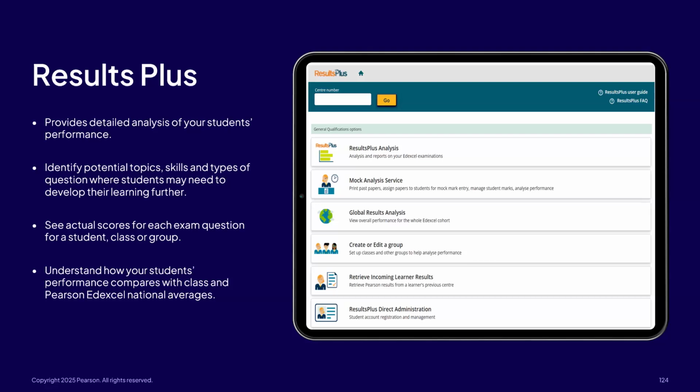It also gives you the opportunity to understand how your students' performance compares with class and Pearson Edexcel national averages. And it will give you data that may support effective learning and teaching approaches.